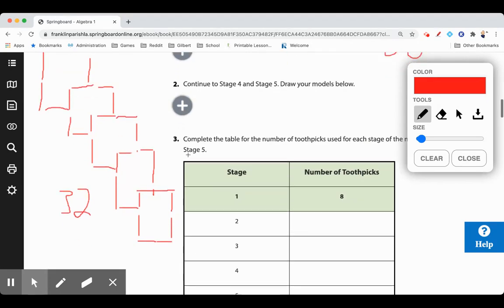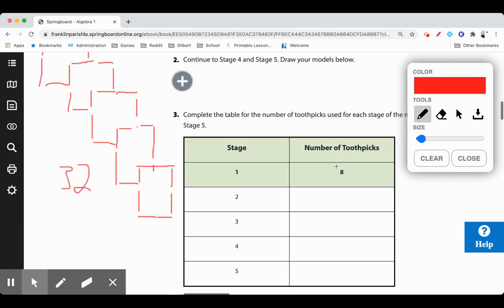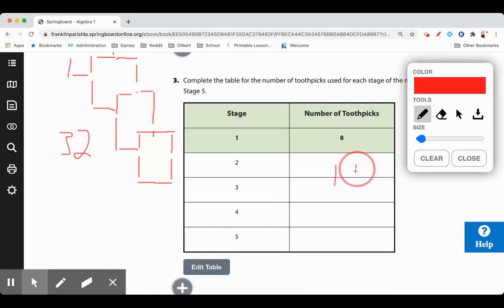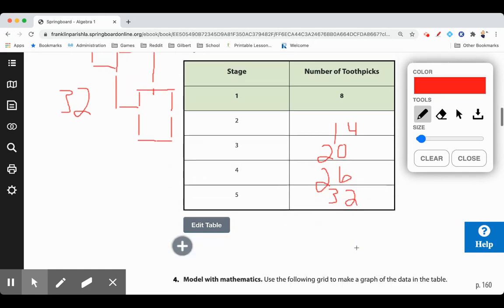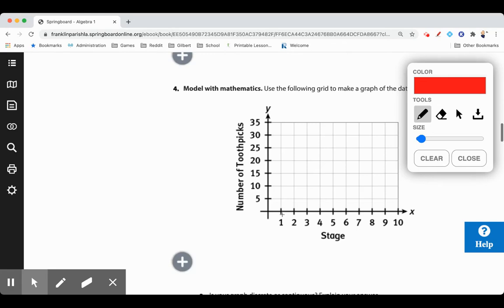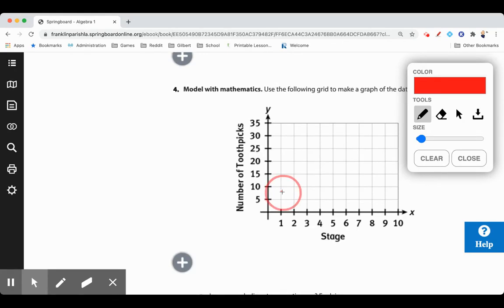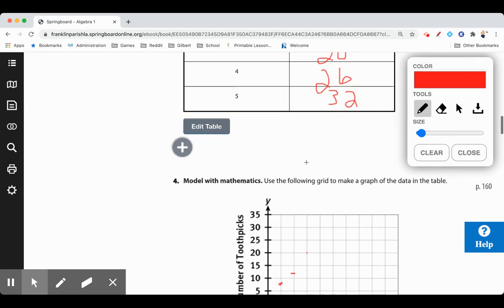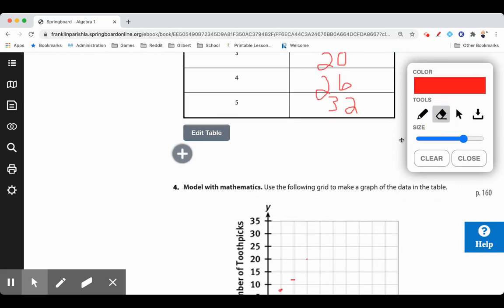Now let's complete the table. 1, 8, 2, 14, 3, 20, 4, 26, 5, 32. Use the following grid. Let's make this, what was it, 1, 8. No, I'm sorry, let me start over.